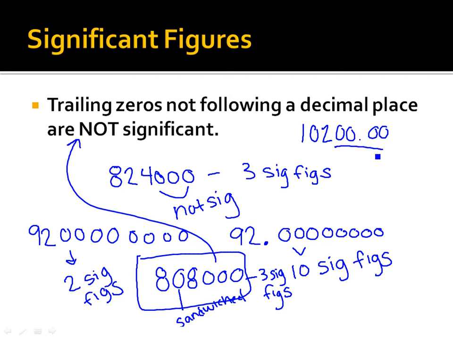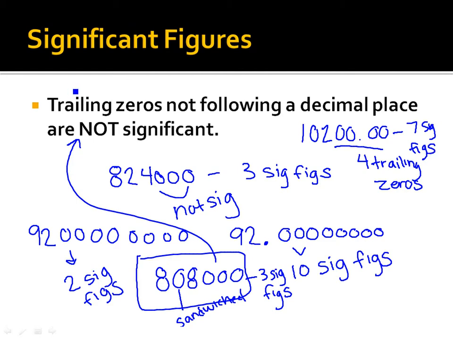So we have 4 trailing zeros. These trailing zeros are indicated with a decimal place, so there is a decimal place present. Therefore, these are going to be significant. So all of these numbers are significant. So we have 1, 2, 3, 4, 5, 6, 7 significant figures.